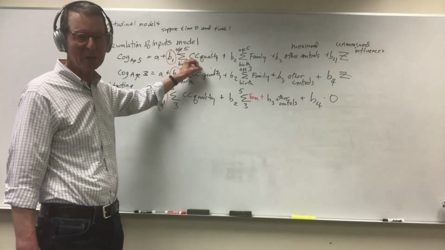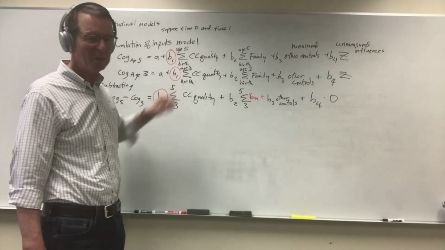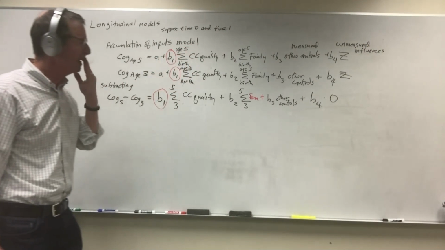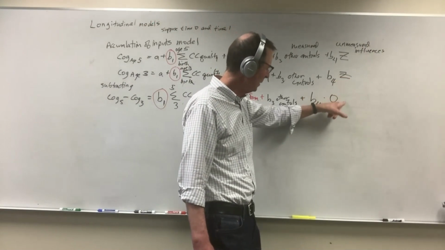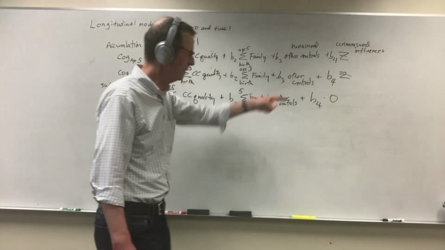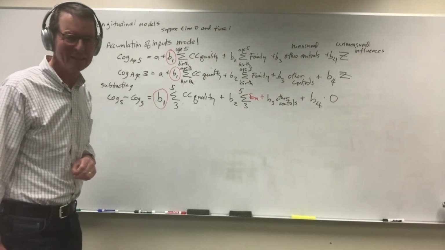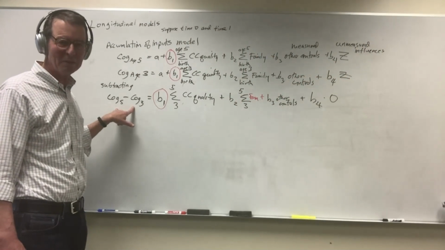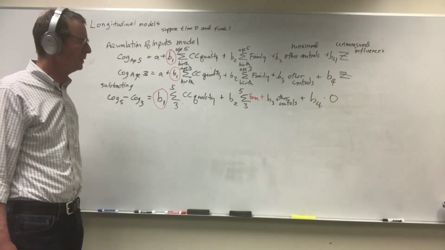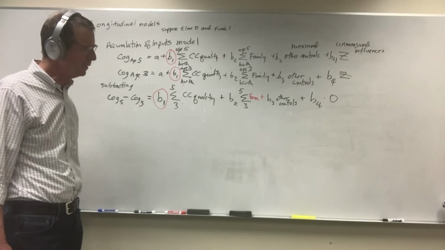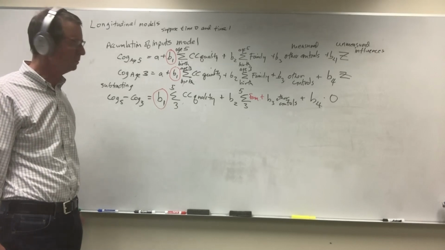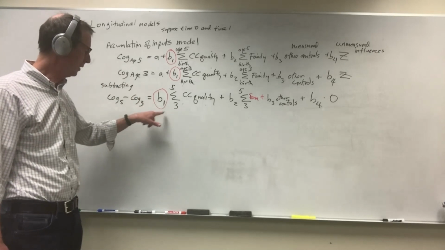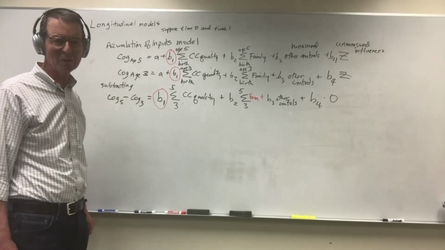The conceptual model doesn't have error terms, but the estimation model does. In the estimation equations, you get a difference in errors when you have change on the left-hand side. But that typically is not consequential for trying to get an unbiased estimate of the effect of childcare quality in this case.